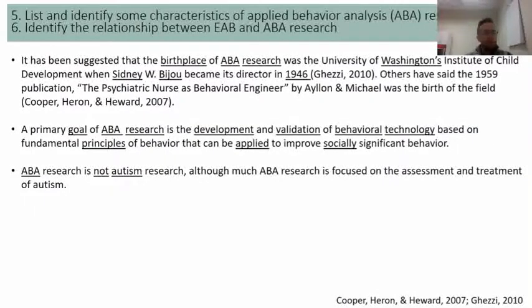But parents and caregivers and educators have been extremely effective at raising awareness of autism and advocating for children and older individuals with autism spectrum disorder, lobbying for insurance companies to cover ABA services, and working to get aspects of ABA into law and so forth.